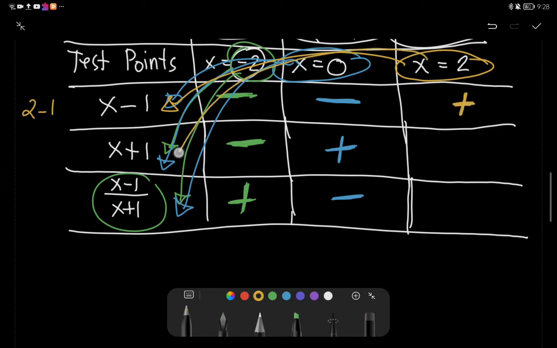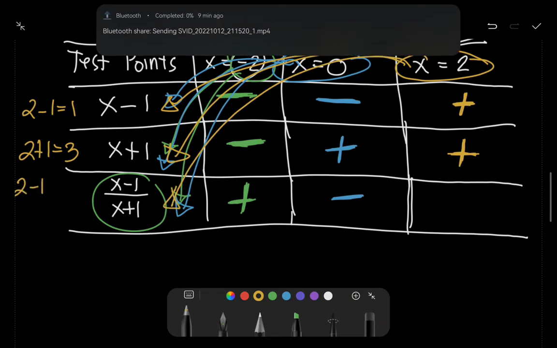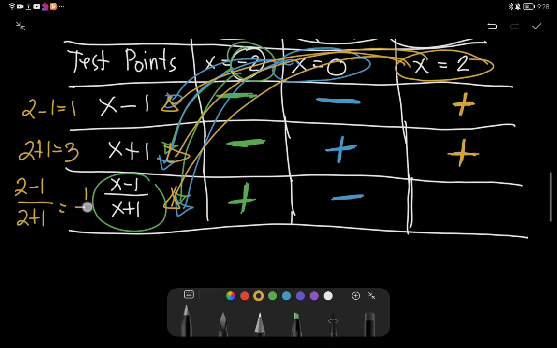Then, sa ikaduha, 2 plus 1, that is 3. Positive si 3, so positive atong answer dere. Now, sa ikatulo, substitute 2 minus 1 over 2 plus 1. This becomes 1 over 3. And 1/3 here is positive again.